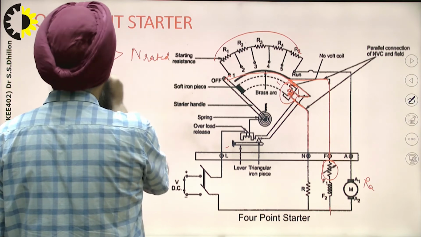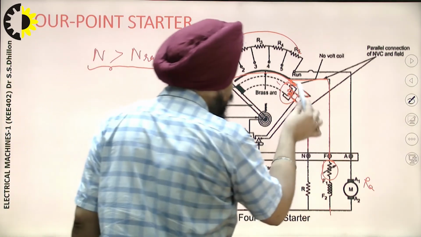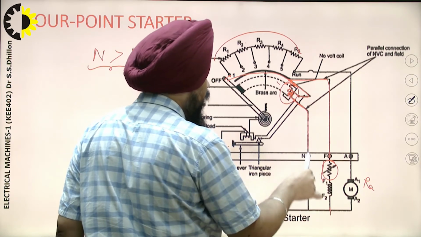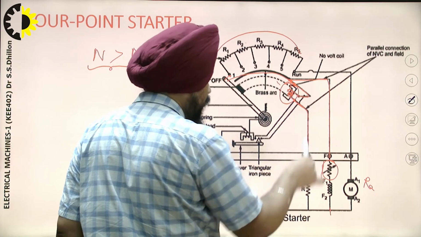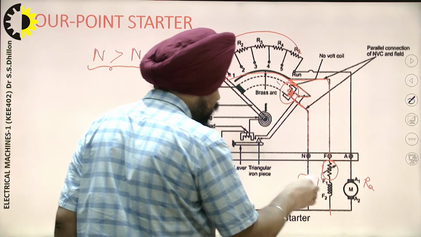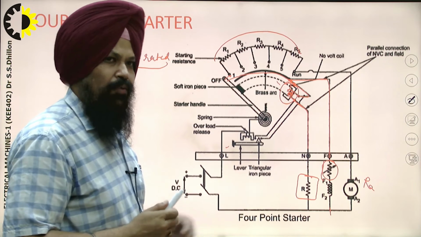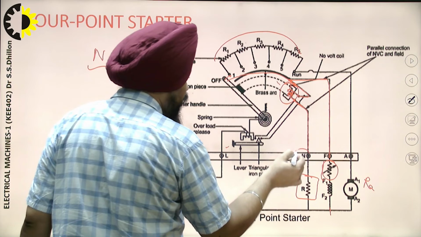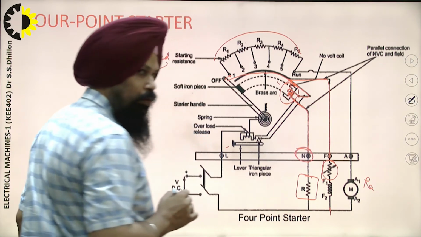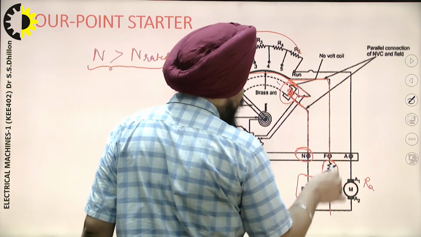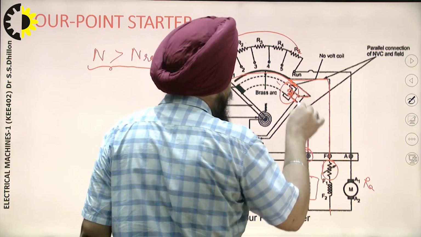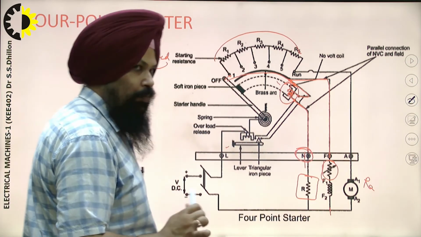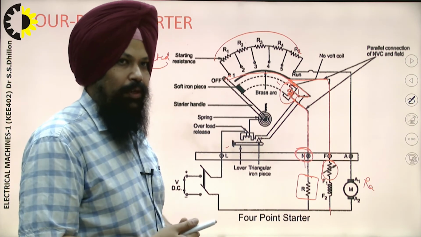There is no problem because we have separated out the field circuit by connecting another circuit in parallel, which comes through the electromagnet, and we have a fixed resistance. You can see over here the fixed resistance, and this fourth point is known as neutral. There is no effect of the field current on this coil or no voltage release. That's why we are able to control the system when we are approaching speed above the rated speed.